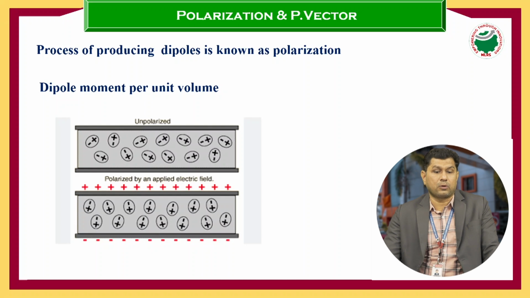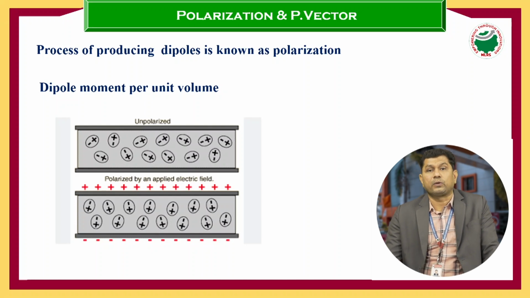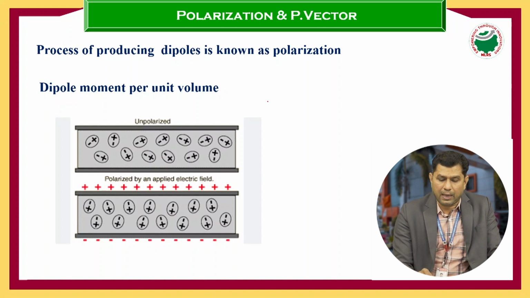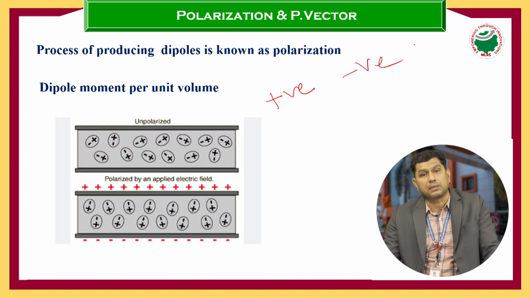Next, we will discuss polarization. What is the meaning of polarization? Polarization means separation. Suppose you take a classroom: how will we polarize it? Based on gender, we make all the girls sit on one side and all the boys on the other side. Similarly, here we have two types of charges, positive charge and negative charge.